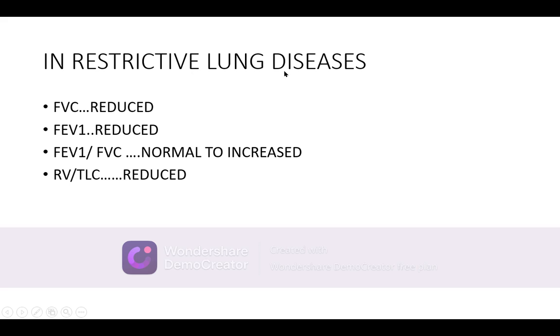In restrictive lung diseases, the forced vital capacity is reduced and the forced expiratory volume in 1 second is reduced. The FEV1/FVC is normal, but it may be increased to above 110% of predicted values rather than decreased, because the forced vital capacity is much reduced.